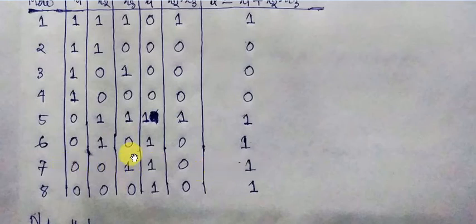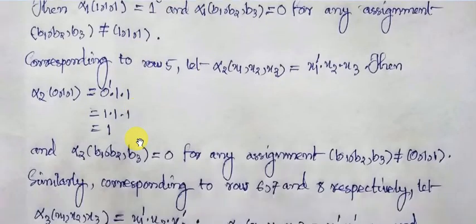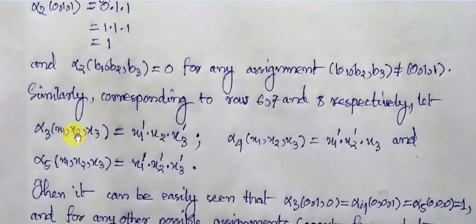Similarly, for this row 6, we shall have to take the min term as x1 complement into x2 into x3 complement. Okay, and I have written here alpha 3 of x1, x2, x3 is equal to x1 complement into x2 into x3 complement.